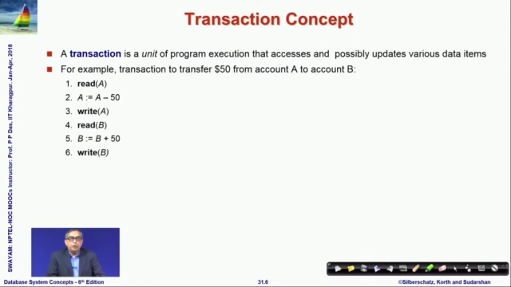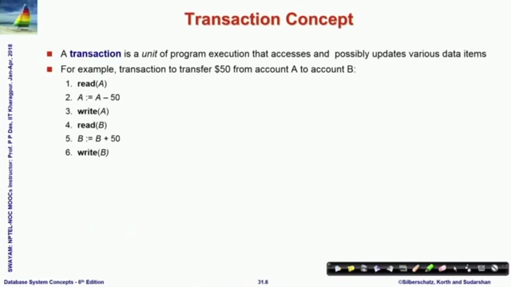To start this process, we first need to know the current balance of account A. That is done by read A, the first instruction. After reading, A has come into a local buffer, a temporary that exists in memory. If the current balance was $200, that has not changed, it remains $200.